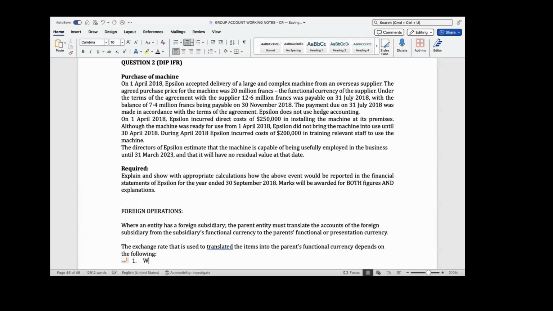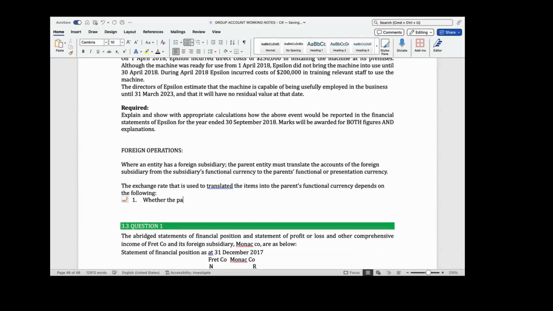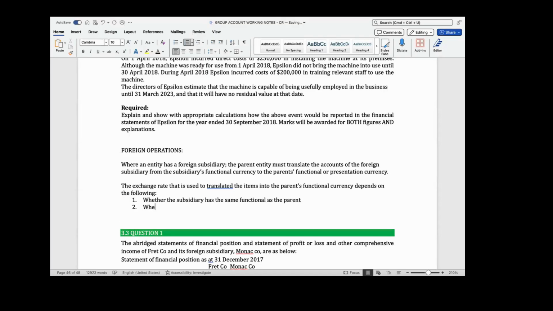Number one, whether a subsidiary has the same functional currency as the parent, and two, whether the subsidiary has a different functional currency from the parent.